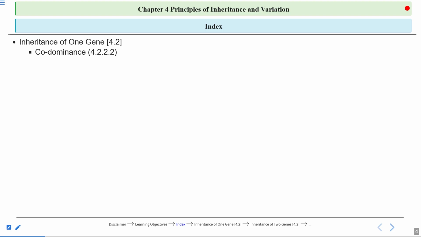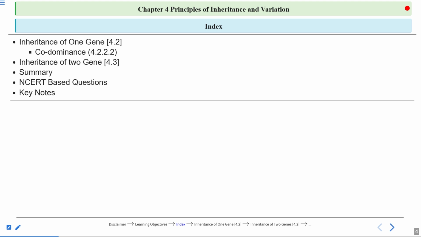So we'll be talking about inheritance of one gene, and within this topic, we'll be talking about codominance. We'll be talking about inheritance of two genes. Then we will summarize this entire lecture. We will discuss some NCERT-based questions which are based on these topics.